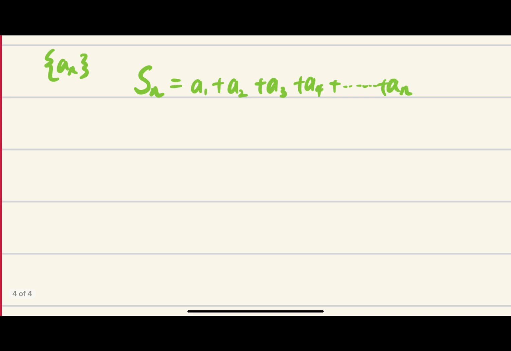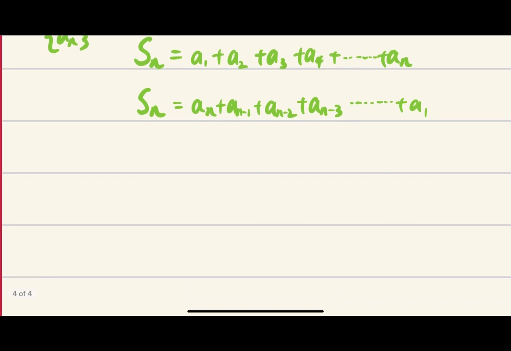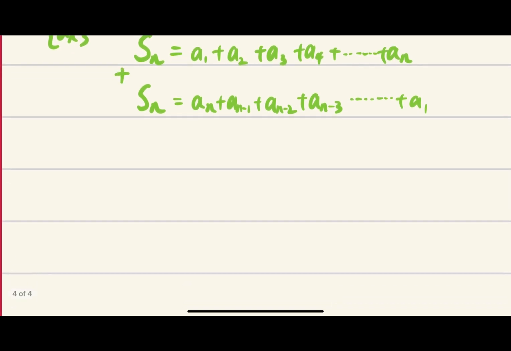And then, as we did previously, I'm going to write this sequence in another form, which is the other way around: a_n plus a_(n-1) plus a_(n-2) plus a_(n-3) and so on, and then plus a_1. So what are we going to get if we add up these two sequences?